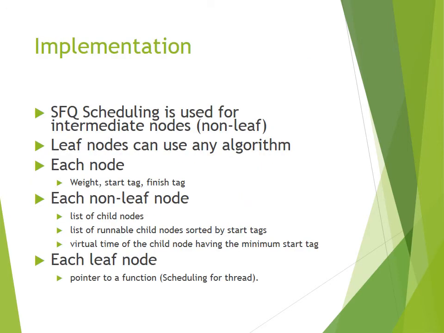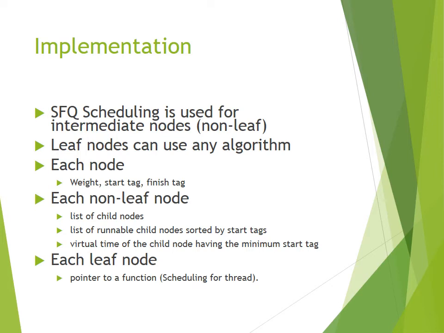In this implementation part, firstly, I want to talk about how SFQ scheduling is used for intermediate nodes, that is, non-leaf nodes. For the leaf nodes, it can use any algorithm, not just SFQ.